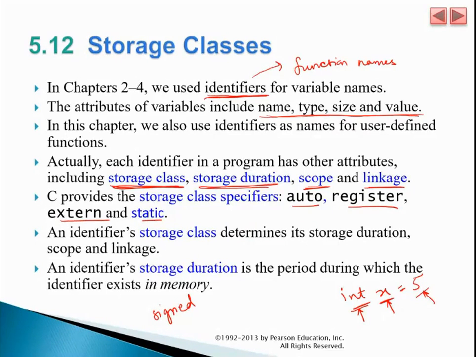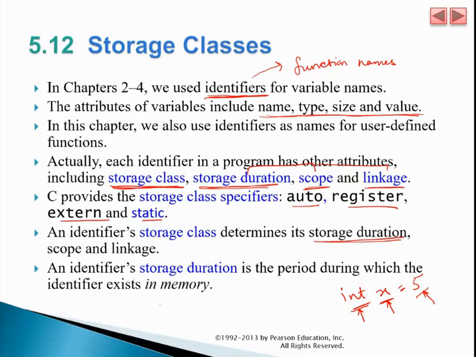So what will storage class actually determine? Storage class will determine these three things. Depending upon the storage class, we can define the storage duration of the variable or identifier. What do you mean by storage duration? It is the period during which the identifier exists in the memory.